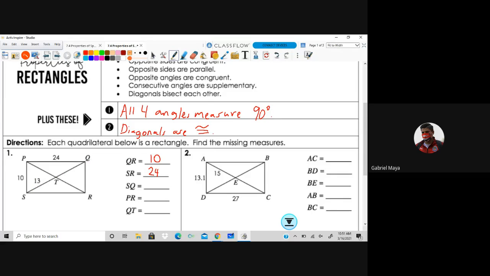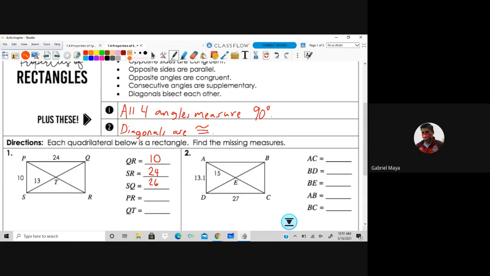What is the length of SQ? Well, we know that it's 26 because from S to T, that's 13. T is the midpoint. Remember, the diagonals bisect each other. So T is the midpoint, meaning that QT is congruent to ST. And if they're both 13, together they are 26.